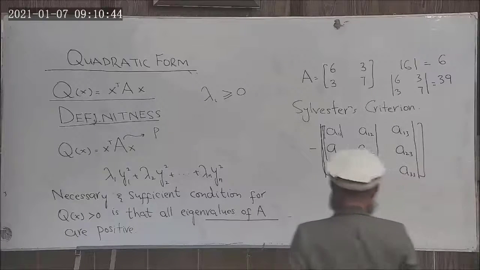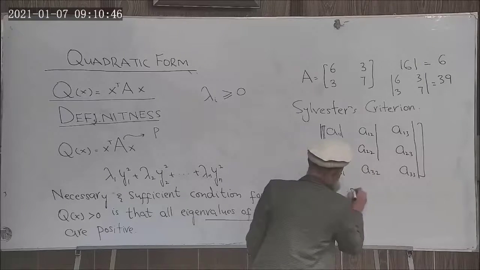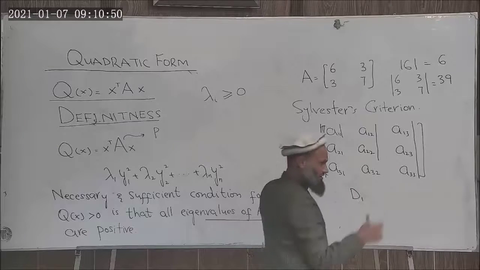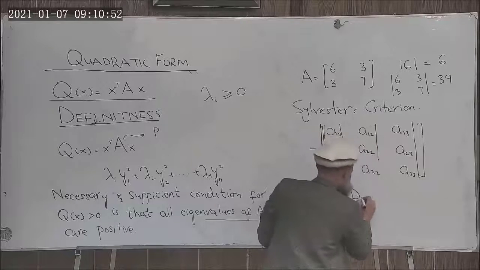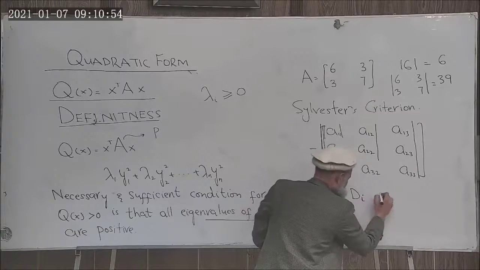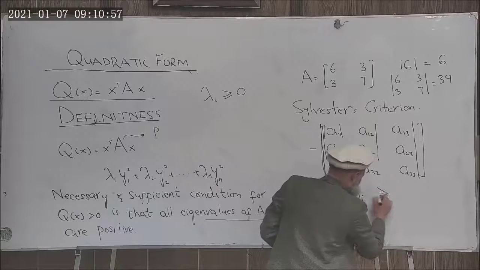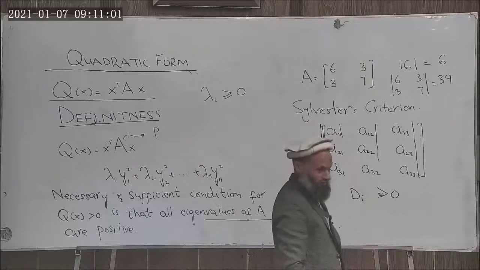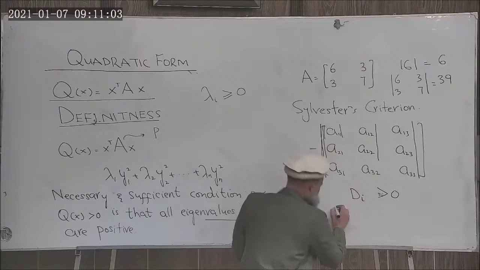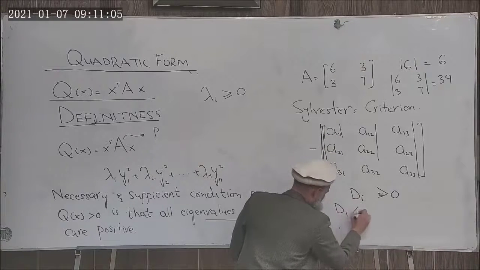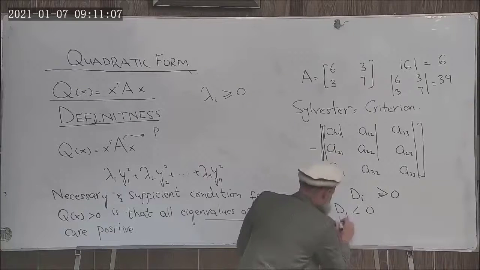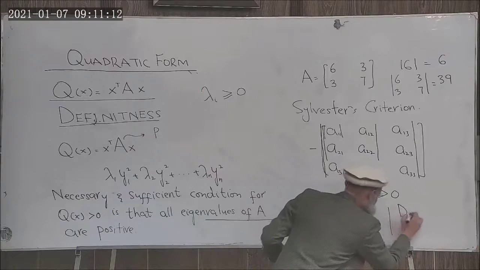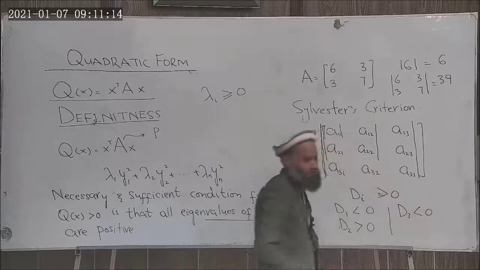So if, for example, we call the first principal determinant D1 and the second determinant D2, D3, for positive definiteness, all of them should be greater than 0. However, for negative definiteness, if you want to check it this way, D1 should be less than 0, D2 should be greater than 0, D3 less than 0, and so on.